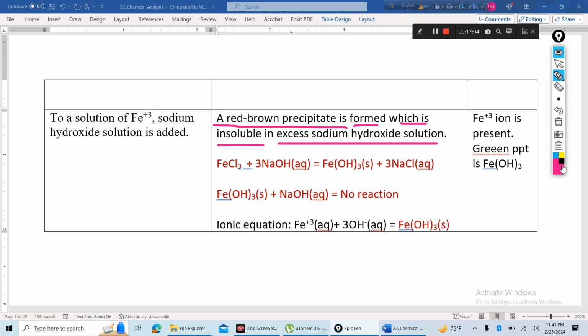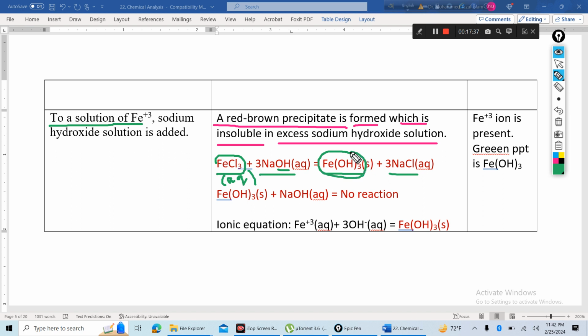I mean iron 3 chloride, this also will be aqueous, because to a solution, that means aqueous iron 3 chloride. FeCl3 means iron 3 chloride, with sodium hydroxide. Fe reacts with hydroxide ion to form iron 3 hydroxide plus sodium chloride.